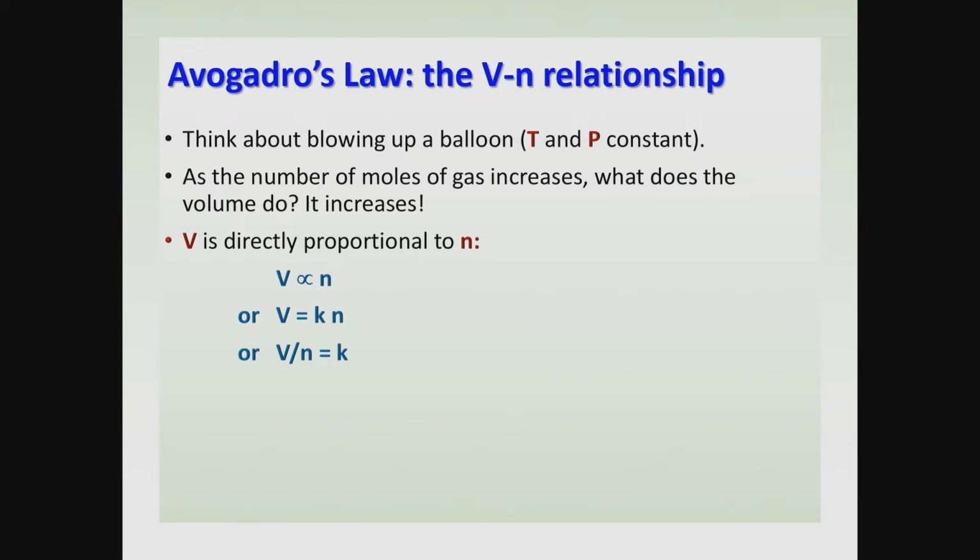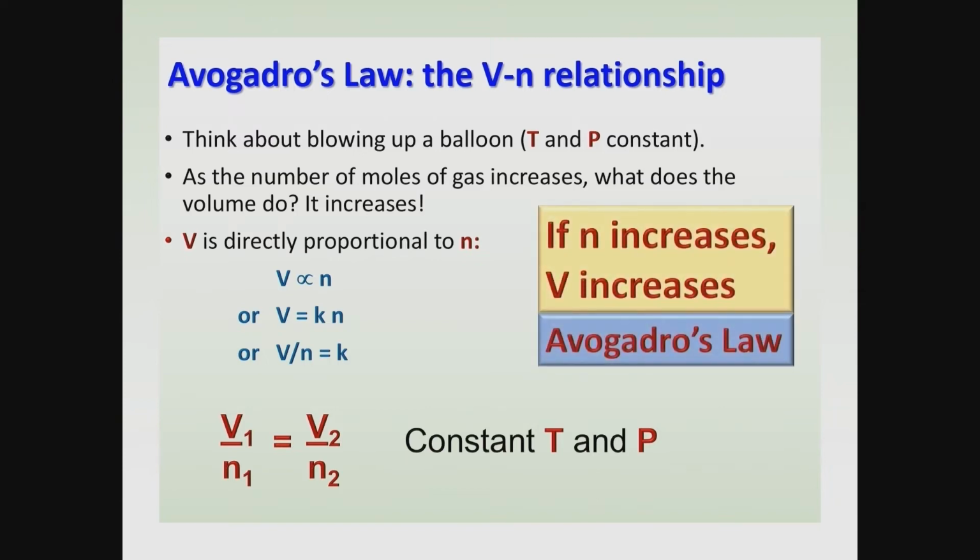Then if you wanted to, you could solve for the constant k and derive an equation from that. That'll be V1 over n1 is equal to V2 over n2. Again, this only applies if the pressure and the temperature are constant between these two conditions, 1 and 2. So again, this is Avogadro's law, that if the number of moles of a gas increases, the volume increases.